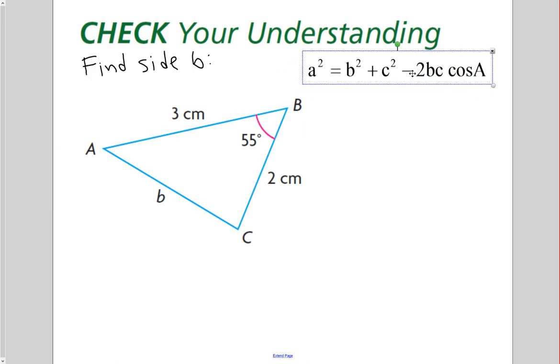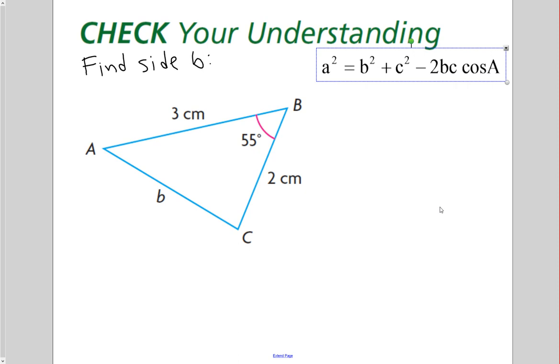We're going to be finding side B. So the catch is, what we're going to be putting right in here is actually side B. That's the one we want to know. And what we're going to be putting in here is angle B, because those are the two that are opposite one another.